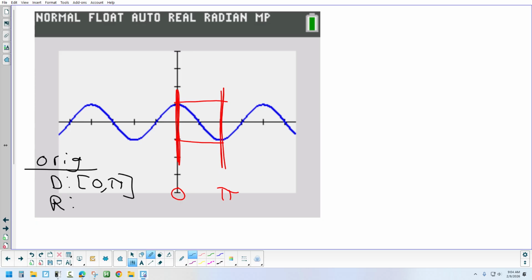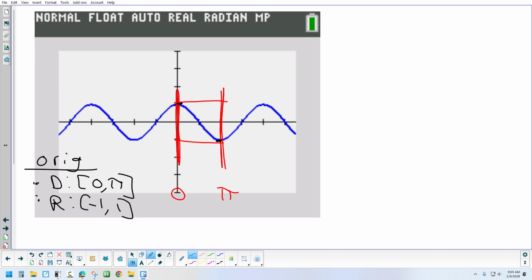And what's the range of cosine? Yep. -1 to 1. So now when we do the inverse, what's going to happen to my domain and range? Yep, they're going to swap. Okay? The domain will become the range, and the range will become the domain. Also, when we graph it, notice at the very end, it's starting to get horizontal.